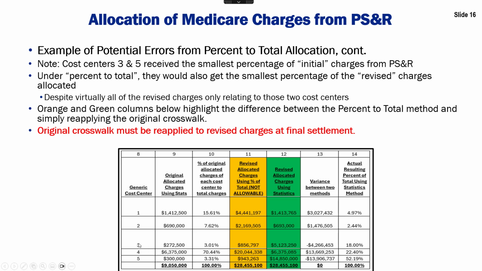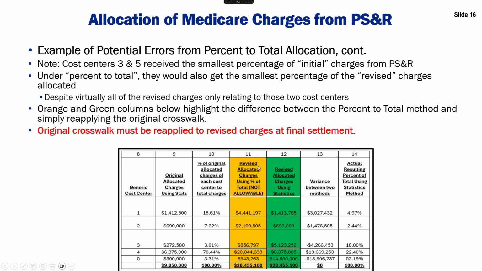Keep in mind, 3 and 5 were the cost centers that were impacted by that major revenue code that changed. But at the beginning, they were pretty small because there's not a whole lot of charge in the initial PSNR. So just barely over 3% of the total Medicare charges went to those two cost centers under the original allocation.